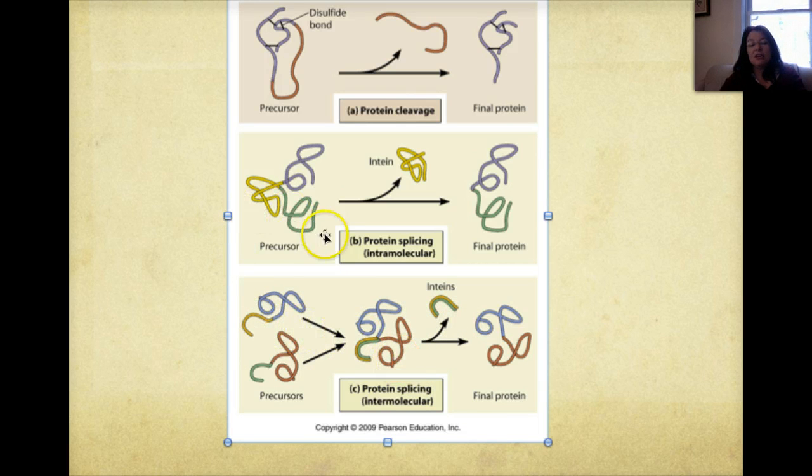But what you have over here is a precursor polypeptide with green, yellow, and purple regions. And it's the yellow region that represents an intein, or a portion of a protein that's going to be removed. Then the green and the purple portions, the exteins, will be spliced together to make the final protein.